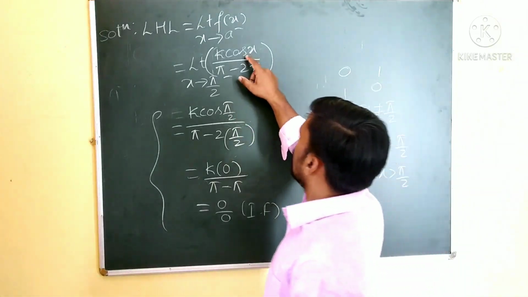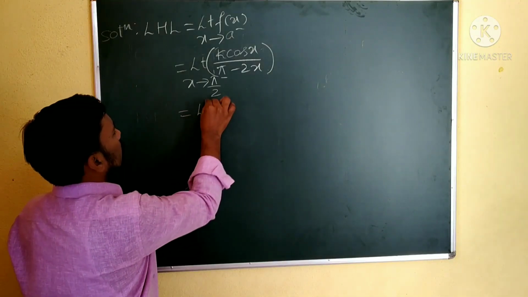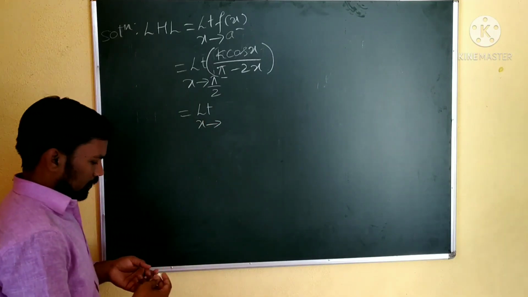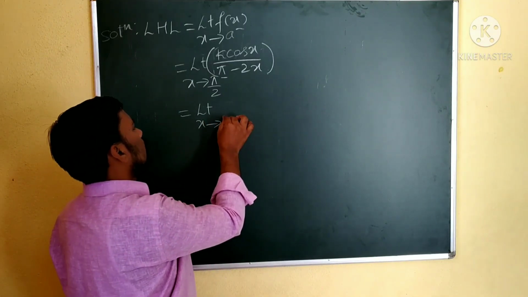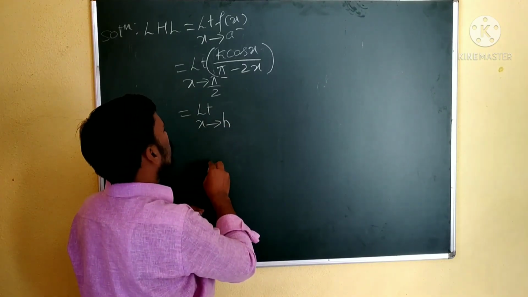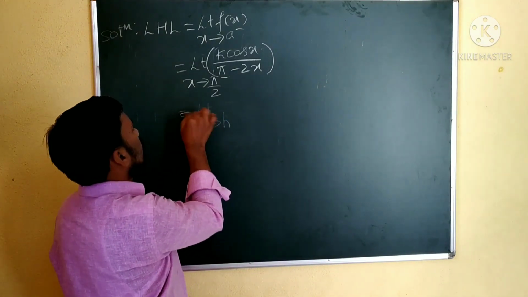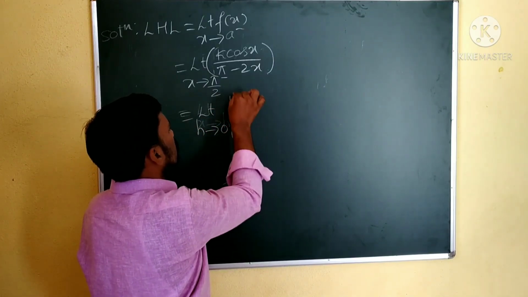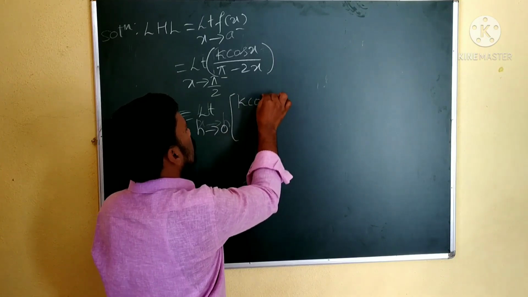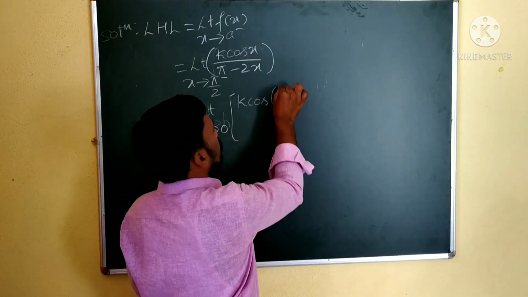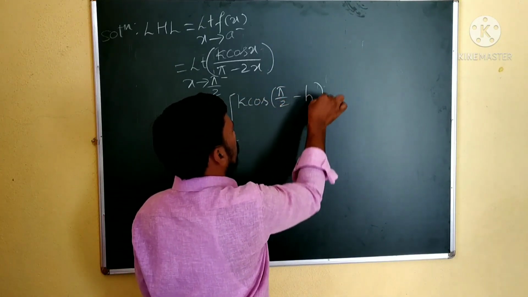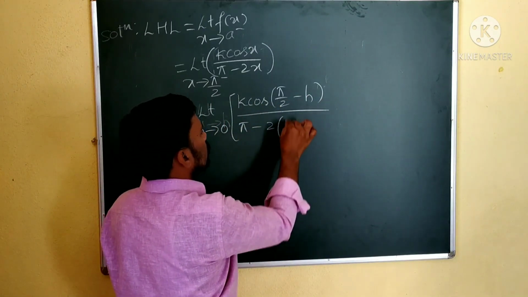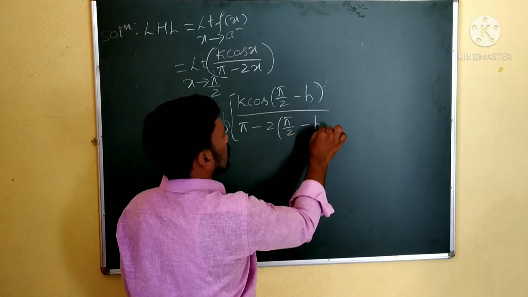For that, limit as x tending to pi by 2 minus, limit as h tending to 0 of k into cos of pi by 2 minus h divided by pi minus 2 into pi by 2 minus h.